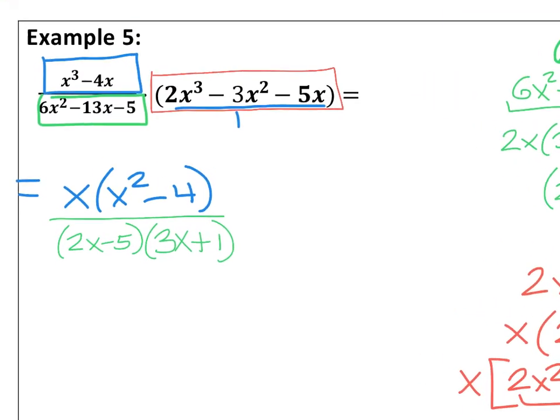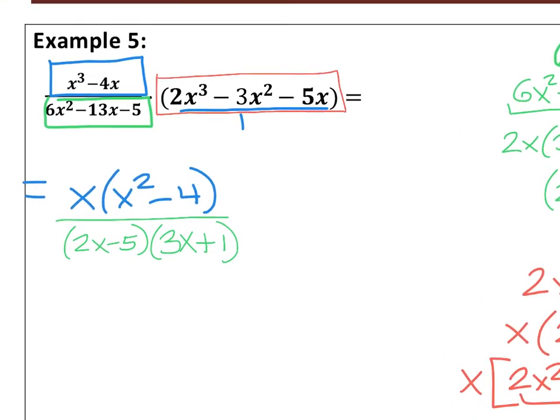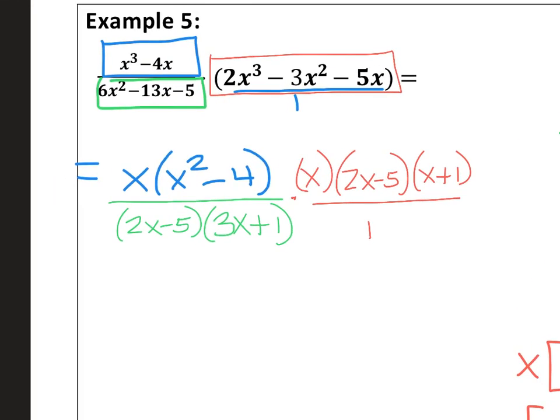And so I'm going to put this all over here in red. I have an x. I have a 2x minus 5. And I have an x plus 1 all over 1. And now we're looking for pairs of common factors in the numerator and denominator. So I have a 2x minus 5 can be reduced, and that looks to be about it. So I have an x times an x here, an x times an x.